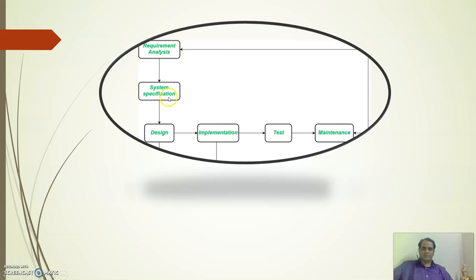Requirement analysis and system specification are very important, which is why task 1 is dedicated to specification, the problem identification part. Then we go for design, and the whole laboratory is concerned with how to design. Implementation is done using programming languages, then you go for testing, and then maintenance. This is how the SDLC happens.